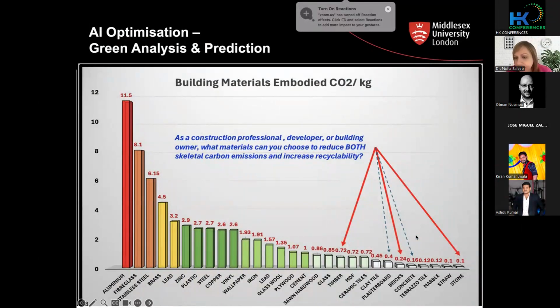As you can see, the ones on the right here have lowest embodied carbon in them. However, there arose another question in addition to that.